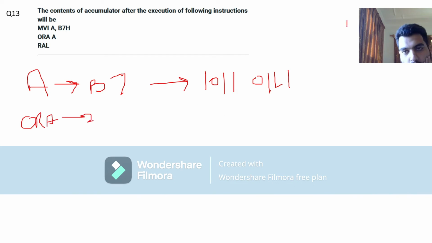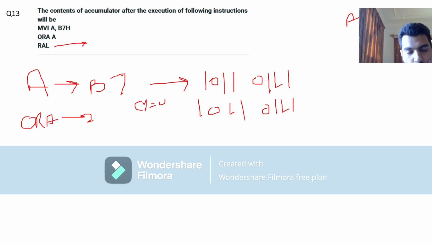When we do an OR of a number with itself, we get the number itself, so after the OR operation it will be simply A. One thing we should note here: once we did this OR operation, the carry flag will remain 0. Then we have this RAL, that is, rotate accumulator left through carry.